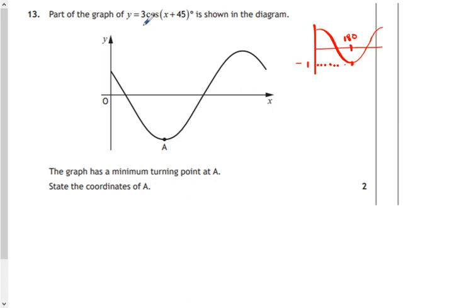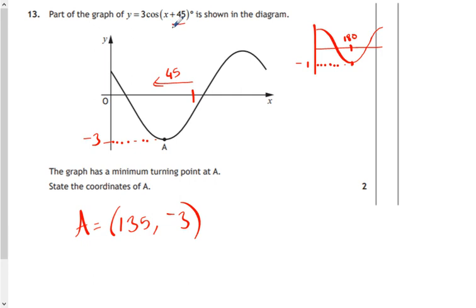Now this 3 means that our minimum turning point here is now going to happen at -3, since our maximum will be at 3. And this plus 45 means that everything is shifted that way 45 degrees. Okay, so what we actually have in fact is not 180, but 135 for our x-coordinate. So we get 135. And our y-coordinate is down to -3. So A is that coordinate.